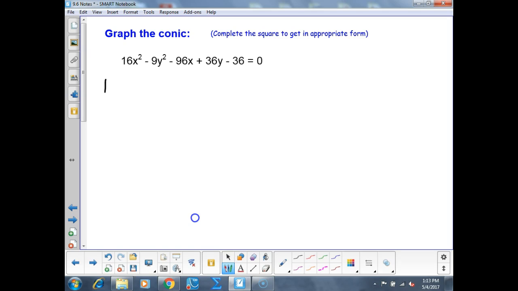I would write this out as 16x squared minus 96x minus 9y squared plus 36y equals 36. Then I would complete the square. So over here, the first thing I would do is I would factor out a 16.